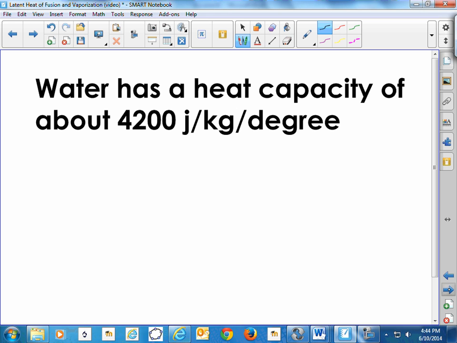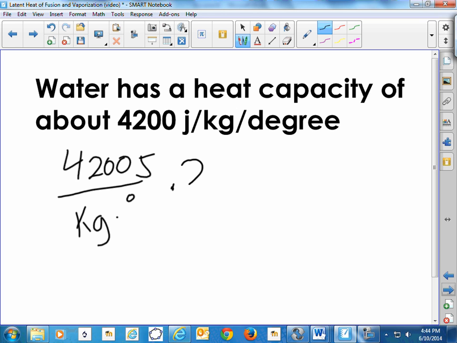And then to warm up the water from the melting point to the boiling point, there's 100 degrees. So if it takes 4,200 joules for every kilogram to warm up 1 degree, and we're going to warm up 2 kilograms, 100 degrees.